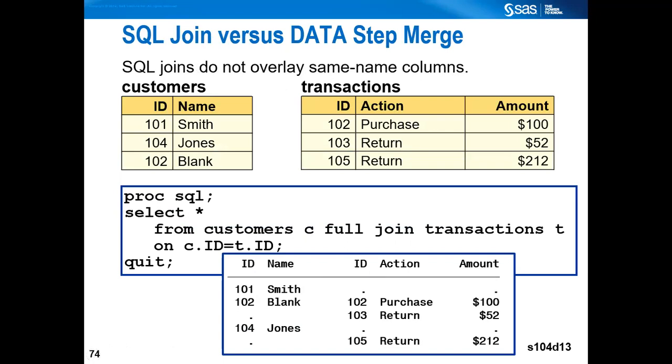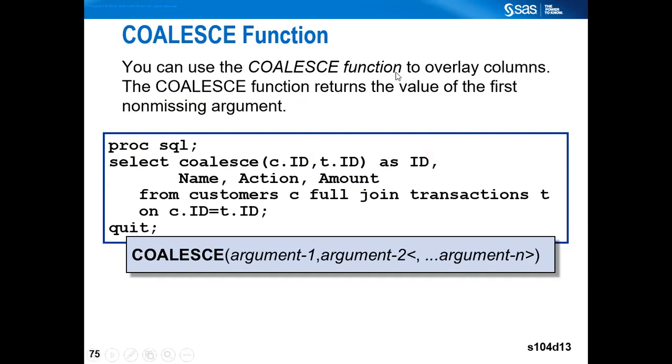In this case, you can always ask SAS to overlay the common columns by using the COALESCE function. The COALESCE function overlays columns and returns the value of the first non-missing argument.